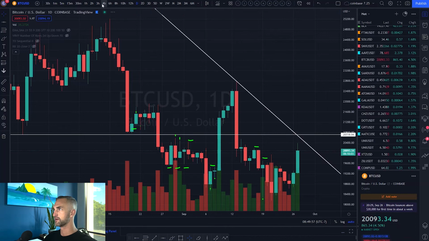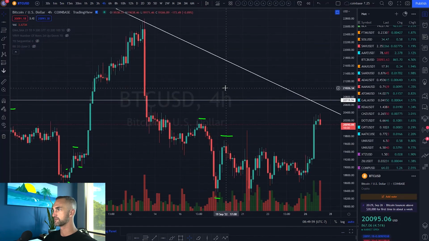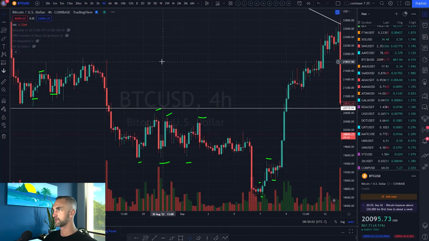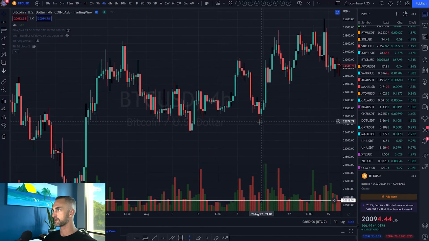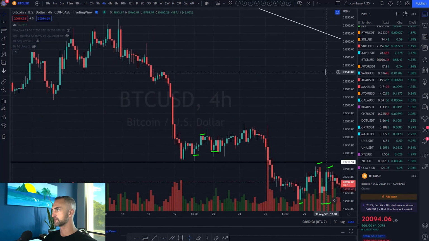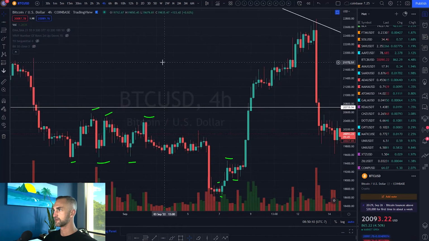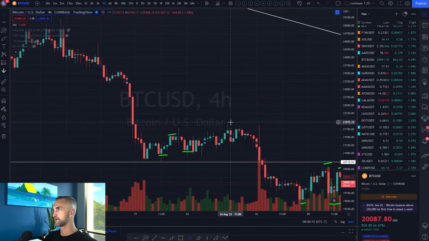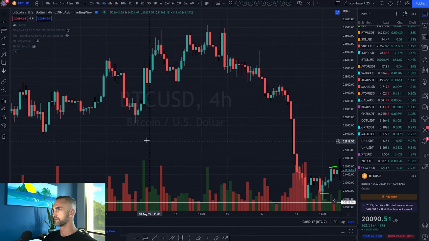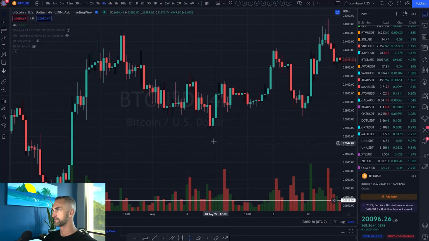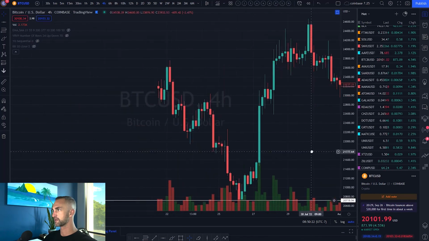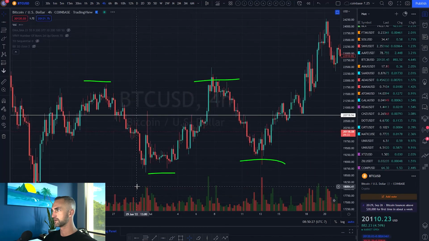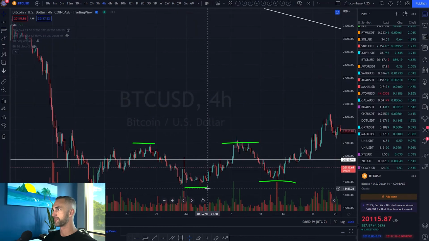Nope, I guess it does make sense on the 4 hour. I don't think that was the example I was looking at. Uptrend, uptrend. Trading an uptrend. There we go. That's what we're talking about.